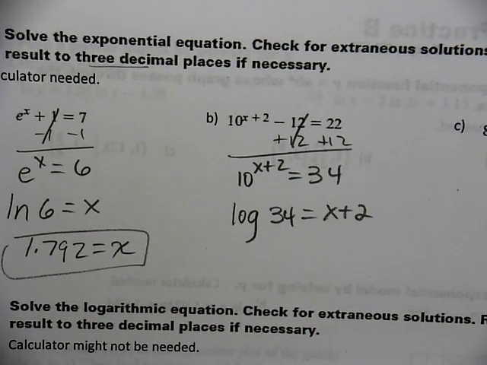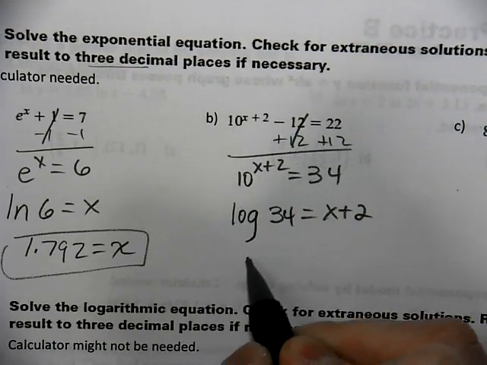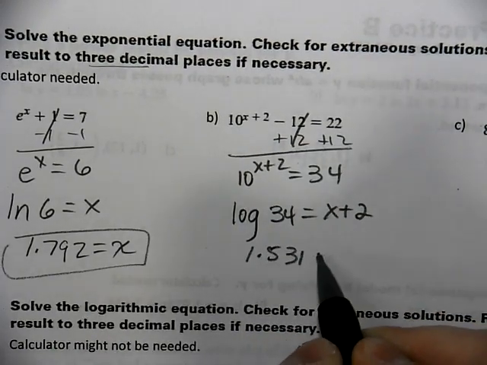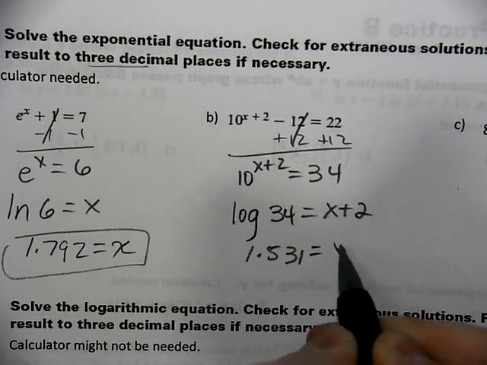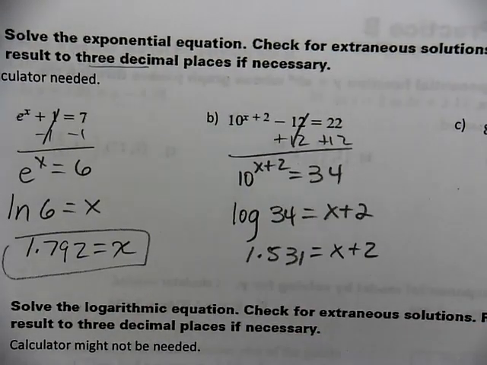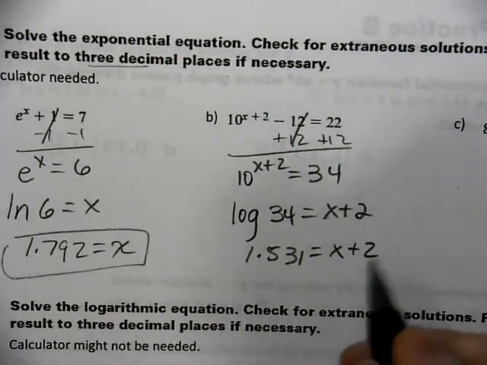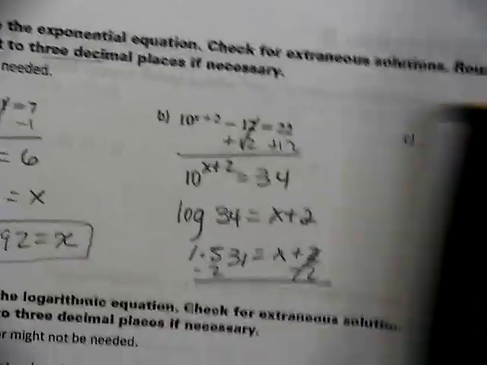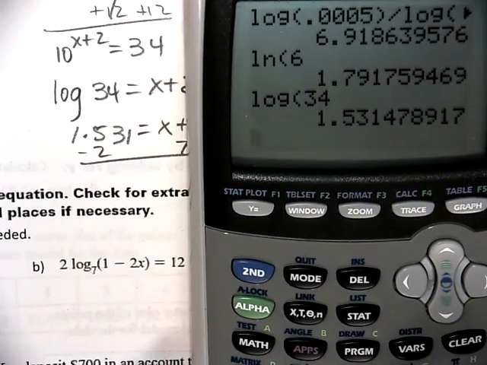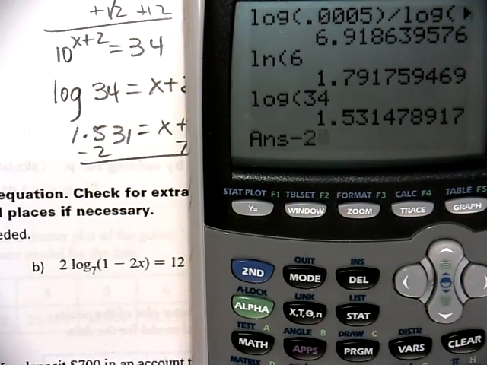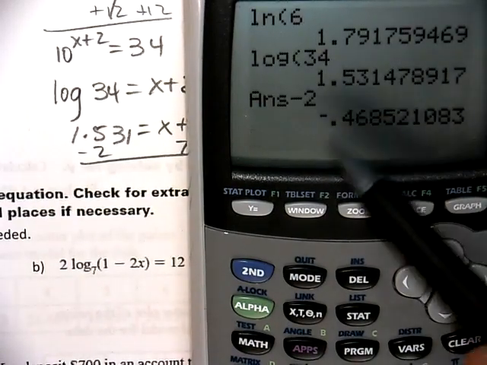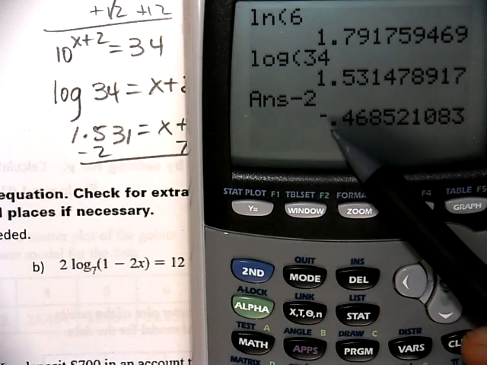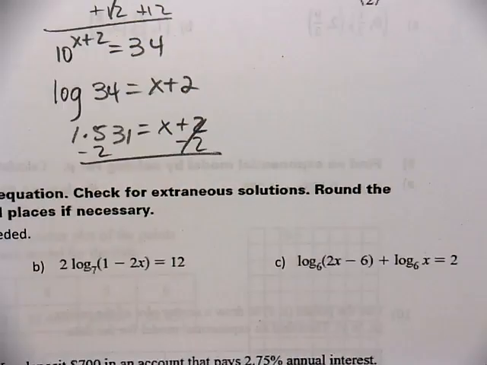Using our calculator, the log of 34, change of base formula is not needed. And then we subtract 2. So I would use what your calculator actually has in it and subtract 2 from it to get our negative 0.468, and that gets rounded up, negative 0.469.